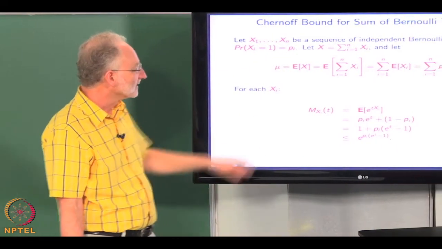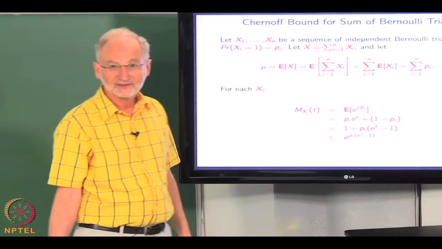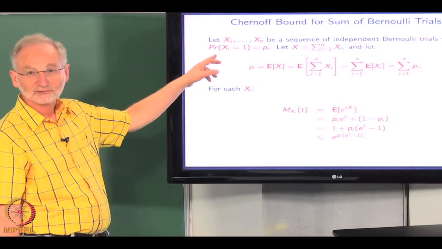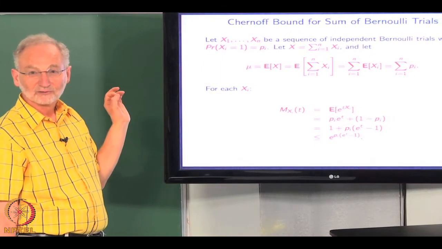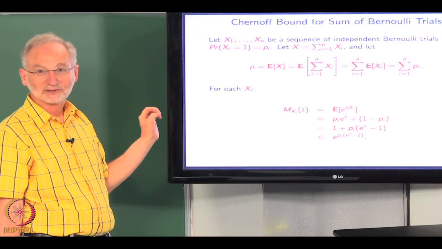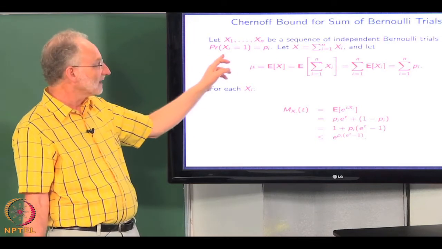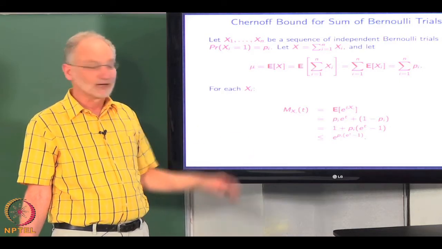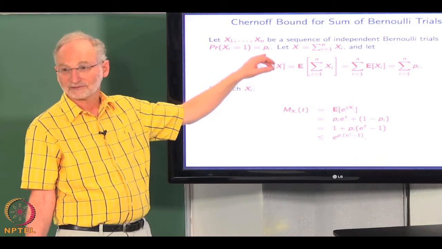We're looking at the sum of the Xi's. Notice, by the way, that we don't need X1 to Xn to be identically distributed. What we need is for them to be 0-1 random variables, but each of them can have its own probability of being 1, which I remind you is also its expectation.